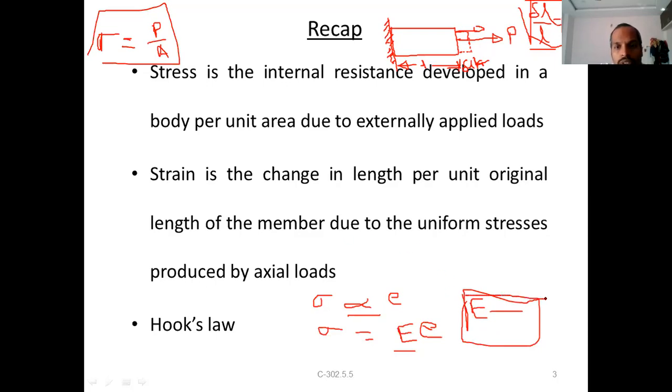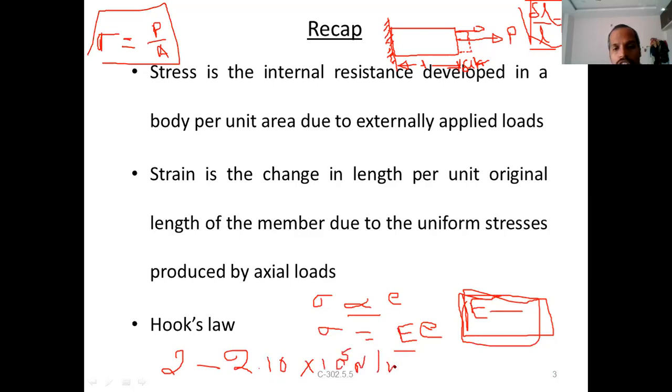For mild steel, the general value of Young's modulus ranges from 2 to 2.1 into 10 to the power of 5 Newton per mm square.